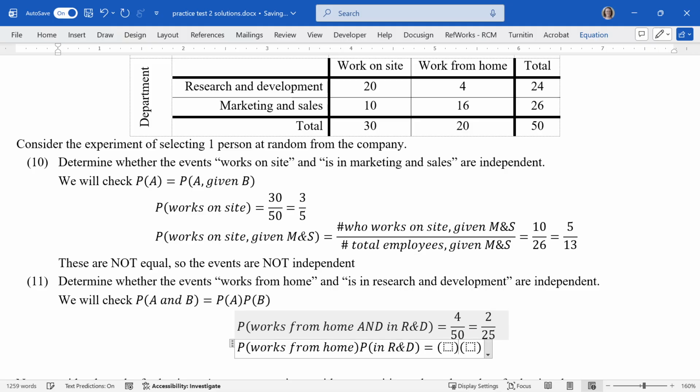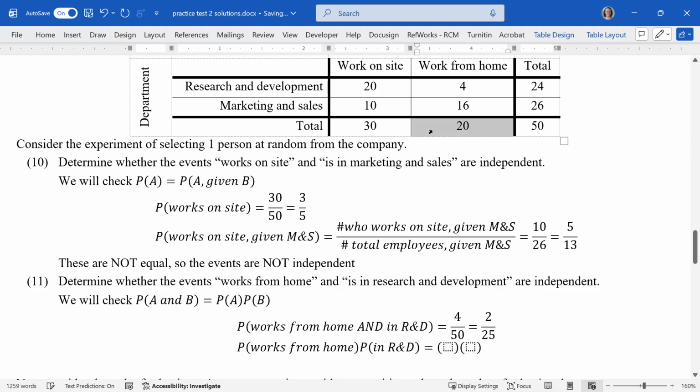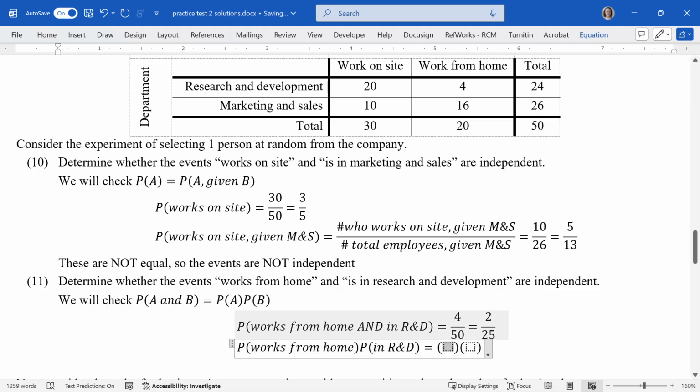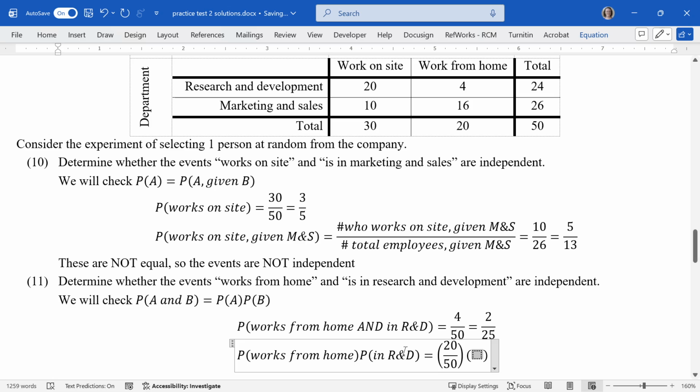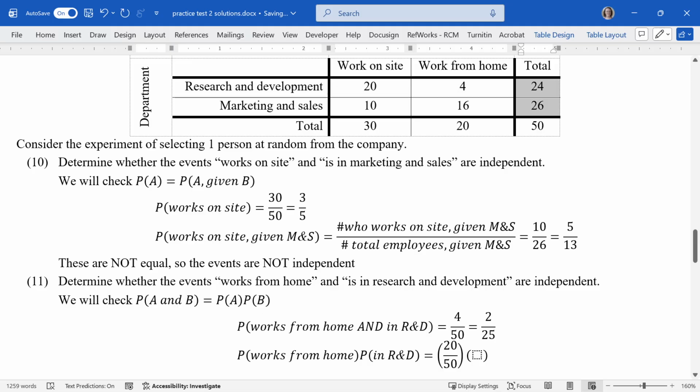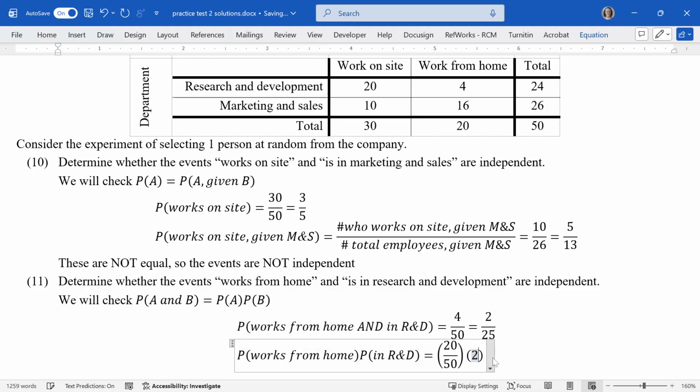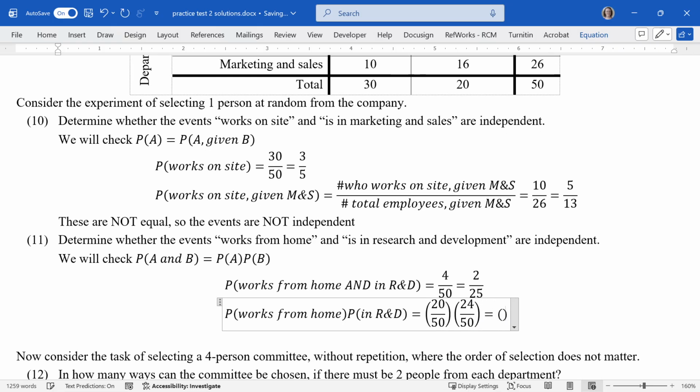Now if I multiply these two probabilities together, works from home is 20 people out of the 50 total, or 2/5, and then R&D is 24 out of the 50 total. I do not think that these are going to turn into the same number.